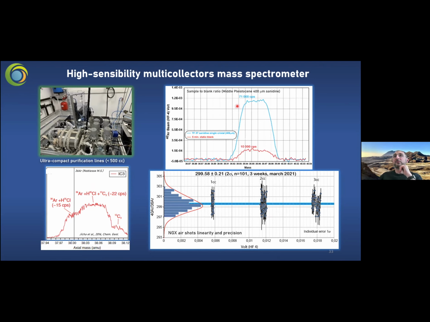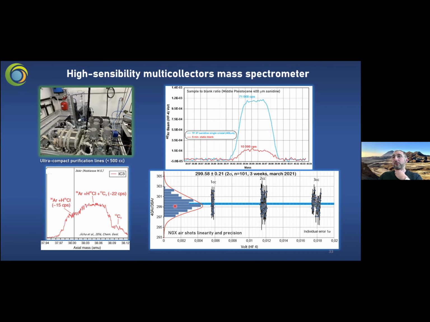This is an example of the blank for an individual very small 500 micron sanidine, which is very young. So this is the beam of 40 that we measure, and this is the blank that we have. This is an example for a Faraday cup in our lab.